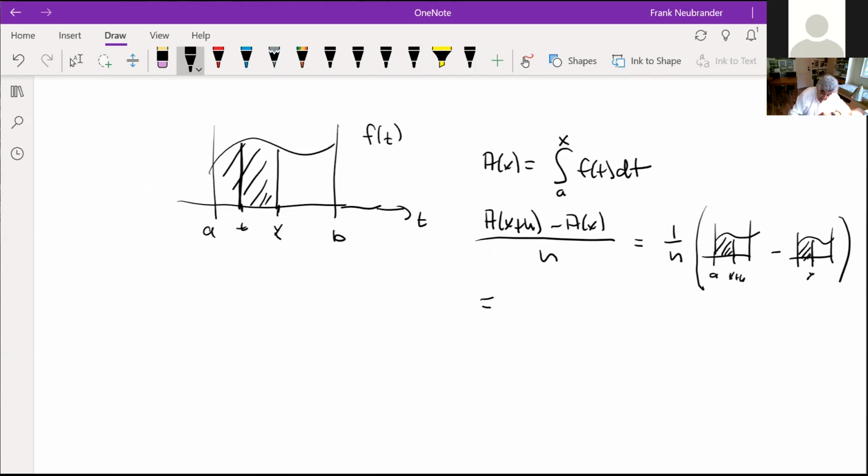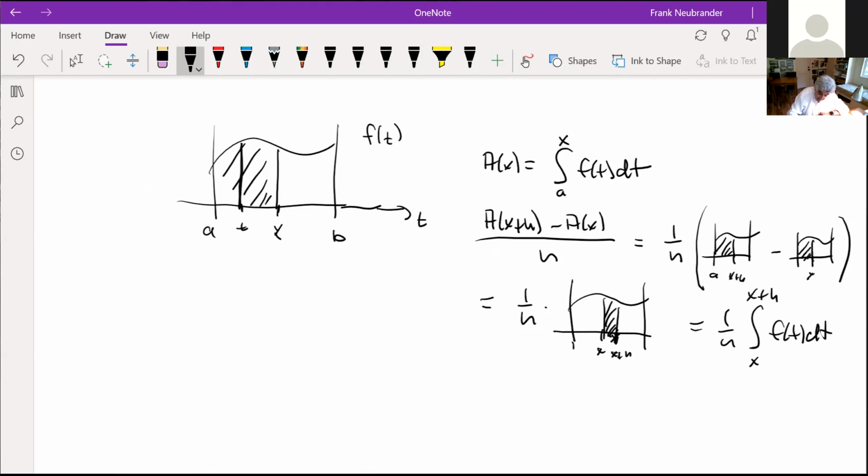And what you get then is 1 over h times the area under the curve between x and x plus h. So it's 1 over h times the area under the curve from x to x plus h of f of t dt.